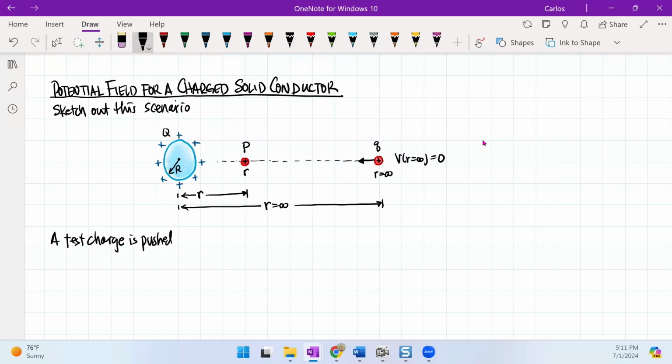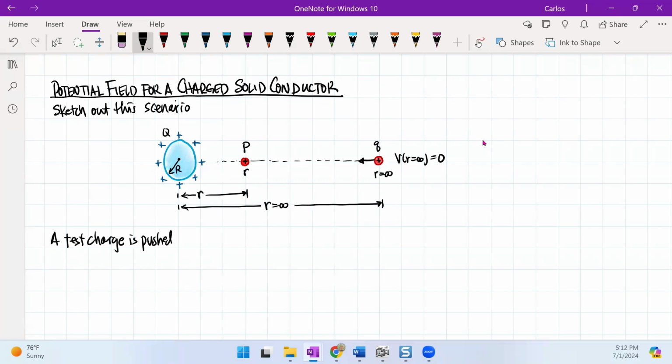Why does it have to be pushed? Because if this is a positive test charge and this is a test charge right here, then that means I'm going against the electric field. So there's going to be repulsion here. So the test charge is pushed externally.